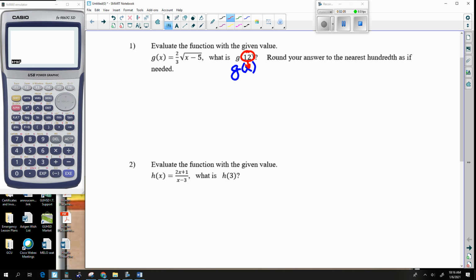So that's what we have to do in the g function: make all of the x's in the g function 12. Wherever you see an x, we make it the number 12. So the first thing we're going to do is put a 12 in for any x that I see. So this is 2/3 square root of x, which is now going to be the number 12 minus 5.